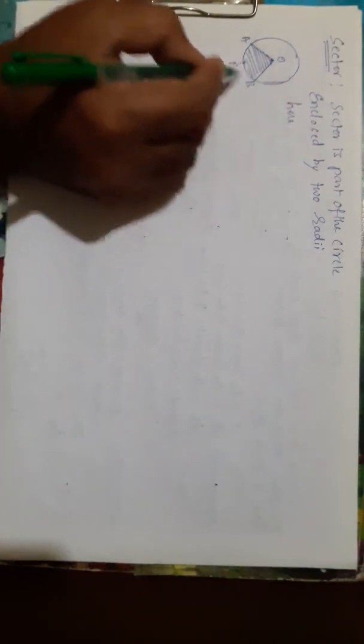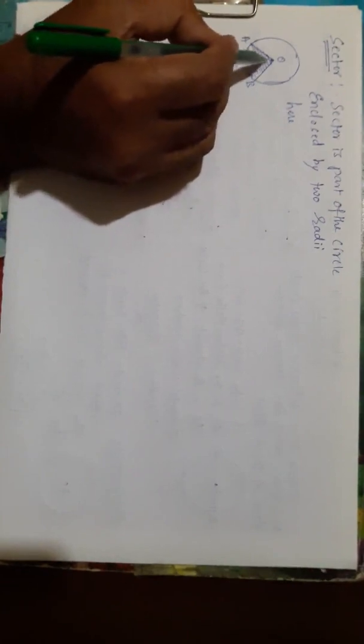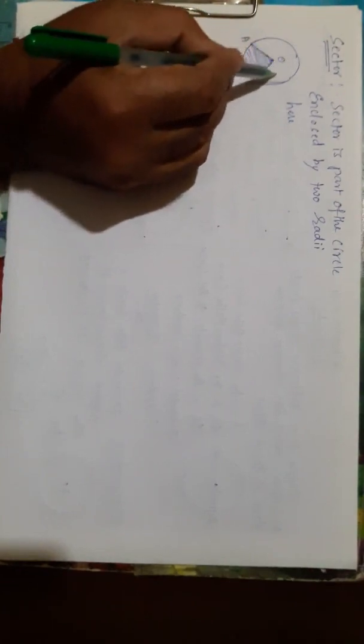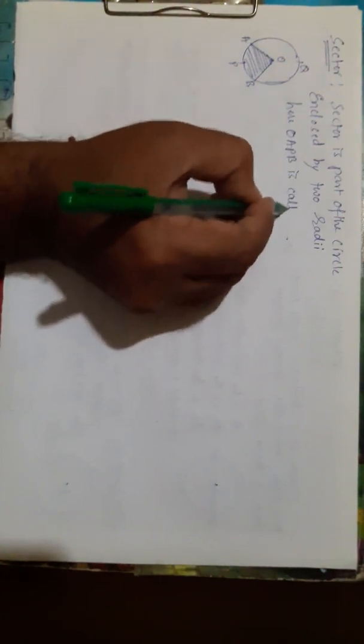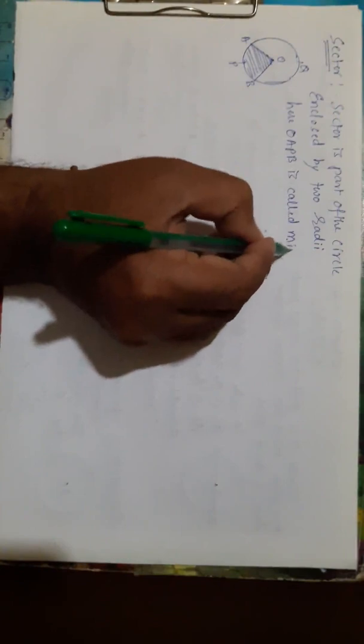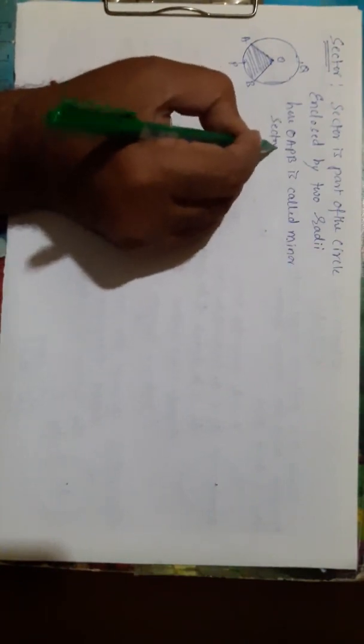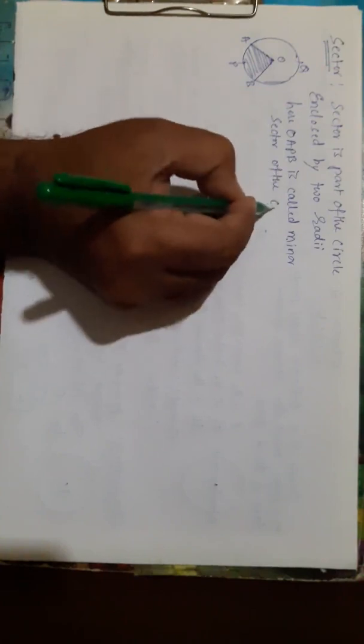This is the minor sector and this one is the major sector. Here OAPB is called the minor sector of the circle, the smaller sector.